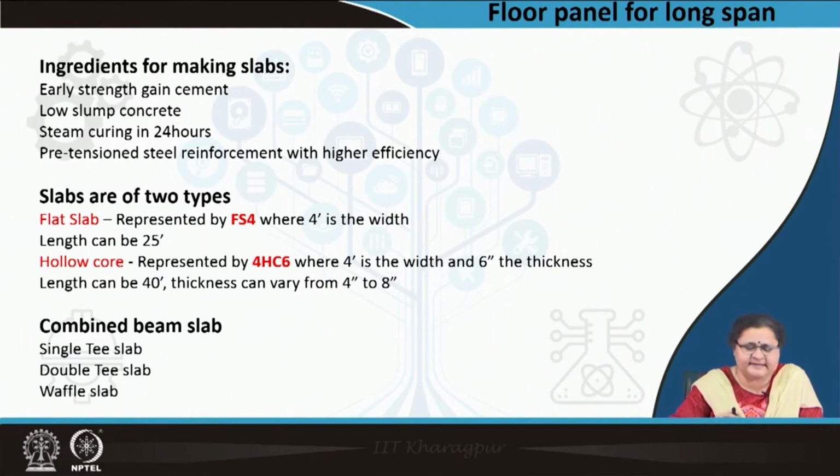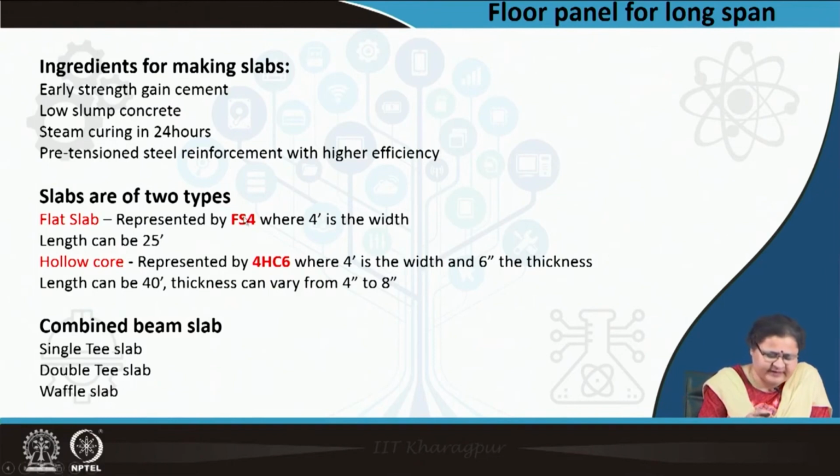So flat slab is 100% concrete with reinforcement inside it. Hollow slab has cores spread along the entire slab, which reduces the weight, at the same time going for larger spans. Now you see how it is represented.